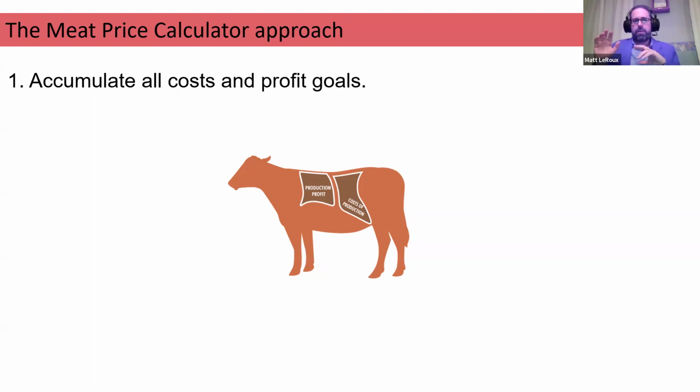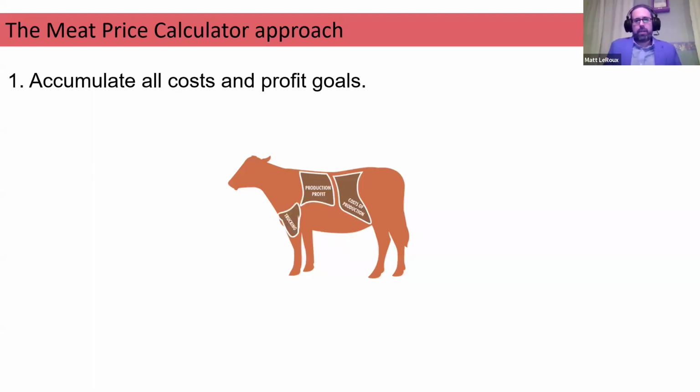So if I've said it too fast, because I'm used to presenting this slide so often, we're going to look at break-even cost of production, but then we're going to add additional dollars above that so that we have a profit for the act of producing slaughter ready animals.